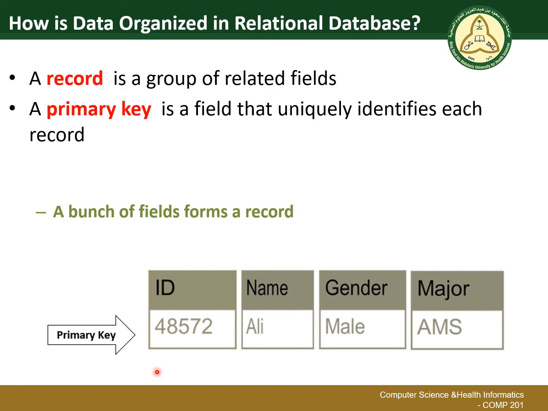For example, you as a student will use your ID to access your record, or if we want to search for a specific student, we can use his ID. Or if you go to the hospital, the hospital patient database will use the medical record number as a primary key.